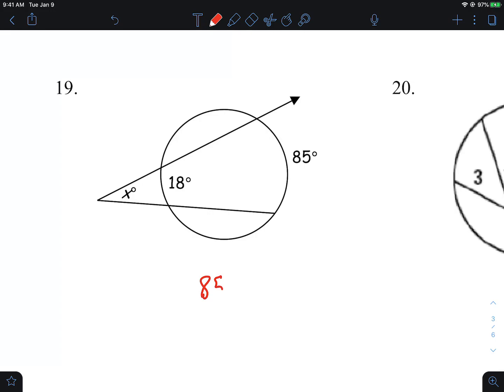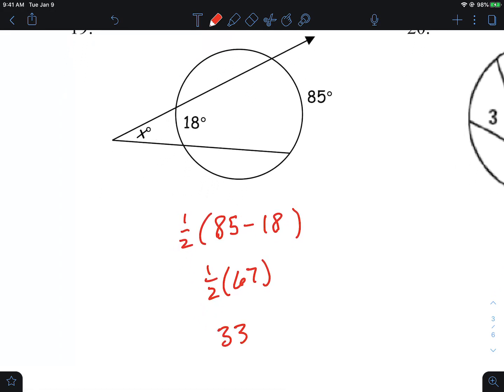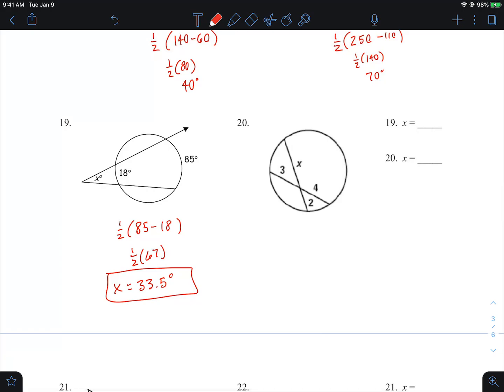That's 85 minus 18, and then whatever that is, we'll do 1/2 of that there. That might come out as like a 0.5 decimal here. 85 minus 18, that's 1/2 of 67. And 67 divided by 2, or 1/2 of 67, is 33.5 degrees. And that'll be it there on that.